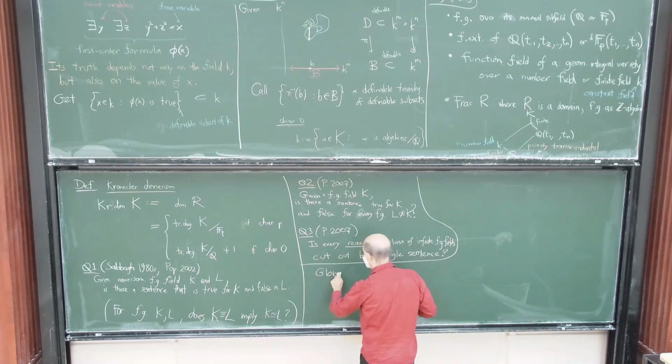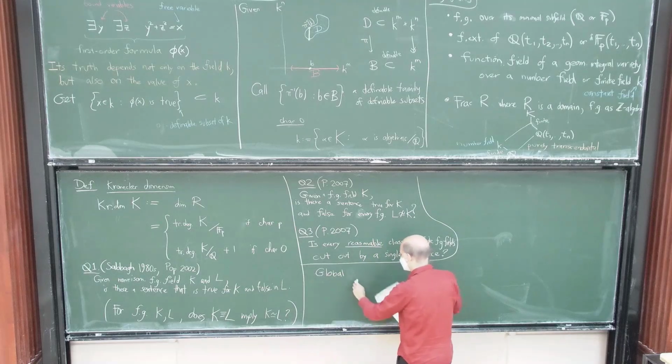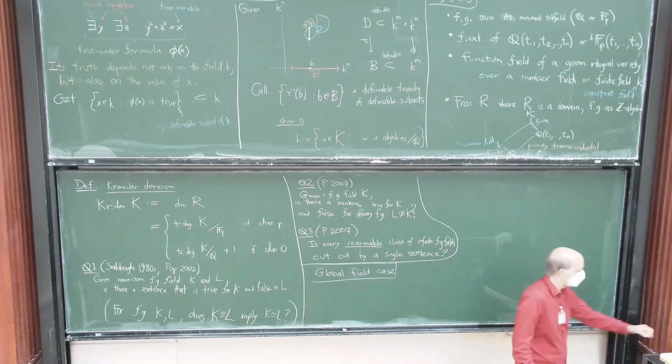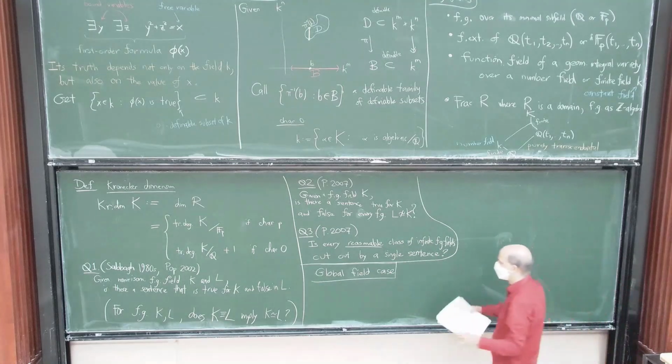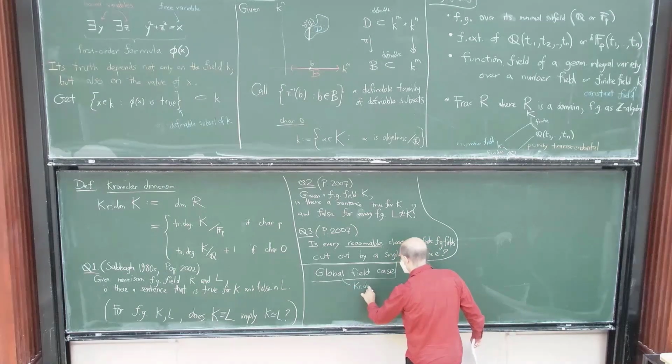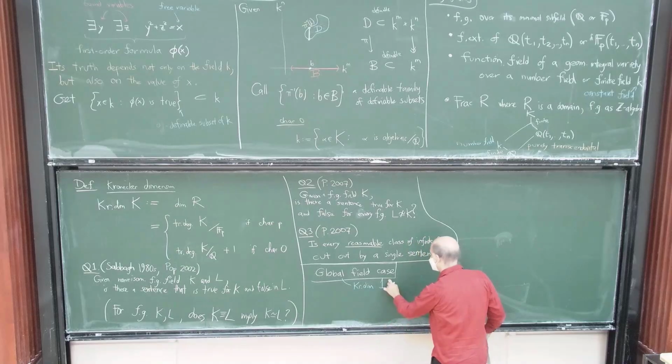So let me first talk about the case of global fields. The simplest way to say this, given what I've already told you, is that these are finitely generated fields where the Kronecker dimension is 1. There are 2 kinds depending on the characteristic.